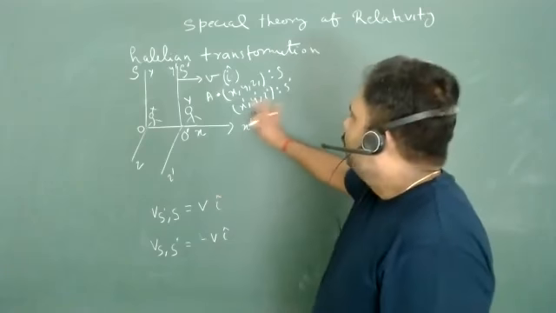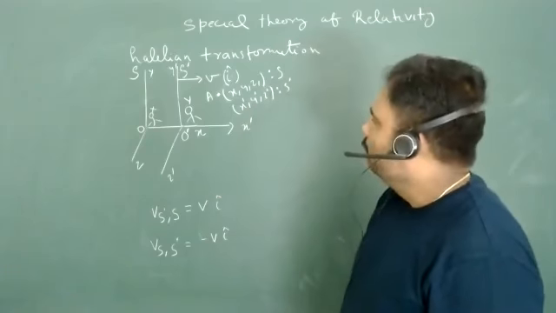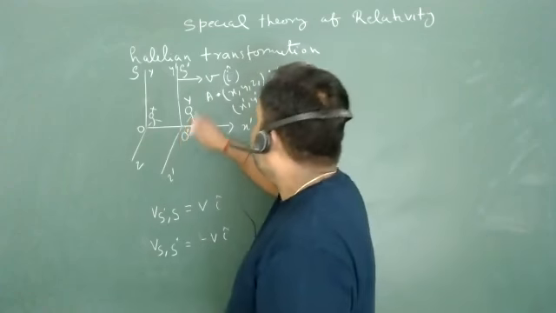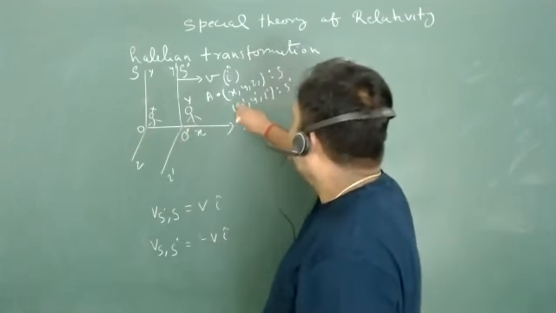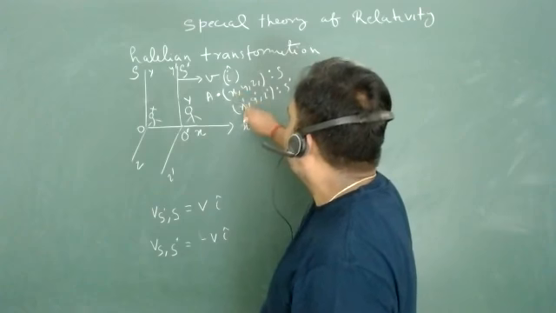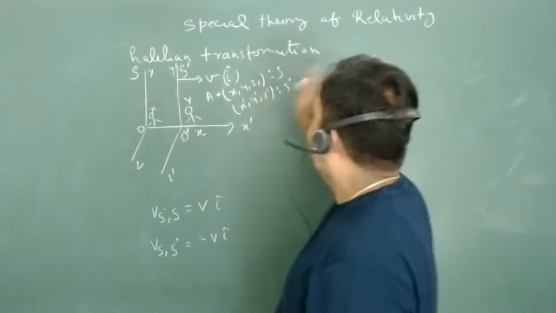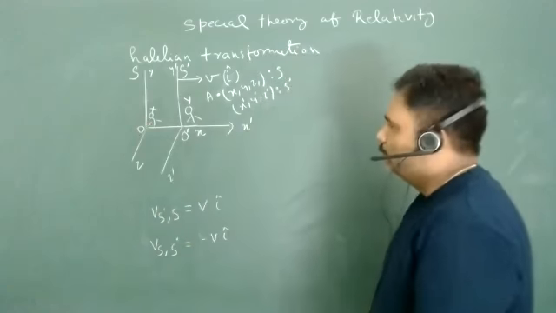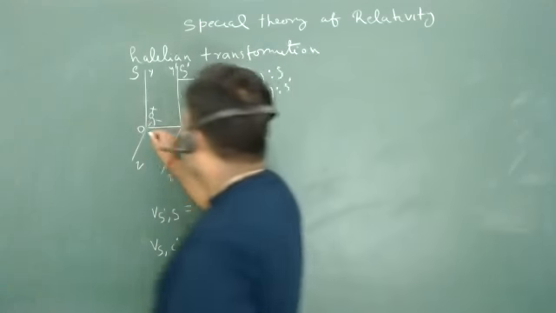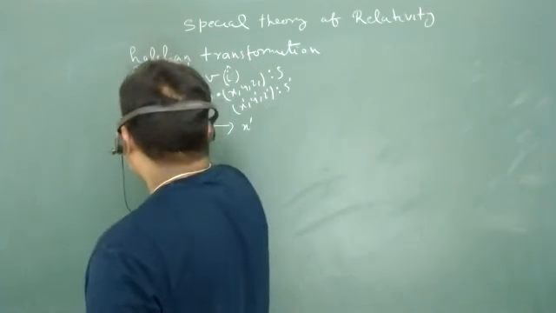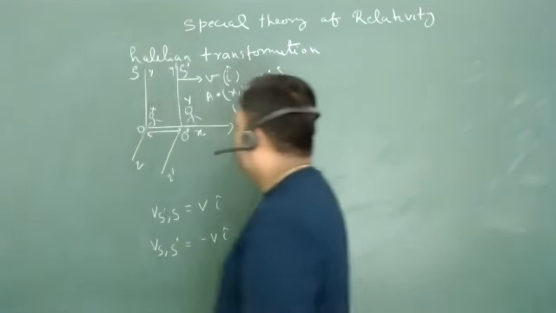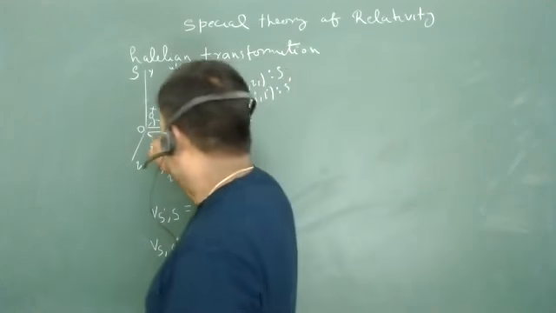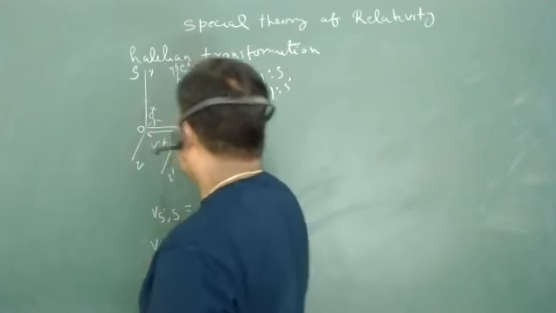Okay. Now, what is my duty? My duty is that after time t, I have to write the relationship between x and x dash, y and y dash, z and z dash. So we have to write the relationship after time t. What will this distance be after time t? Can you please tell me? vt, v into t. Very simple.